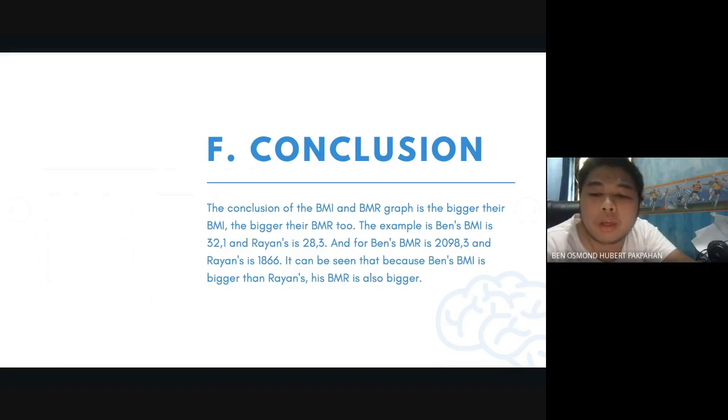For example, my BMI is 32.1 and Ryan's BMI is 28.3. My BMR is 2098.3 and Ryan's is 1866. So it can be seen that because my BMI is bigger, my BMR is also bigger than Ryan's.